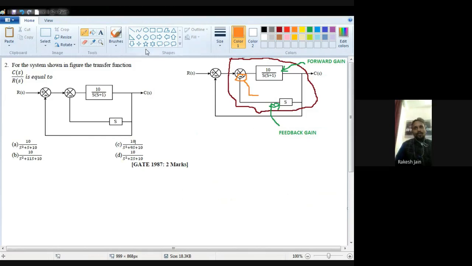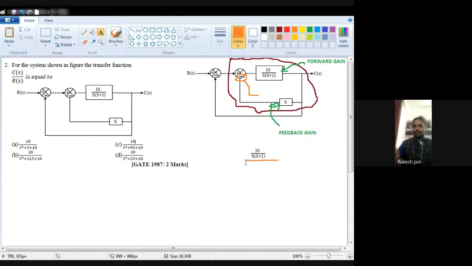So what is the solution of this inner block? How can we reduce this inner block? By using the method: forward gain. So what is the forward gain? 10 upon S, S plus 1. So forward gain divided by 1 plus or minus forward into feedback.